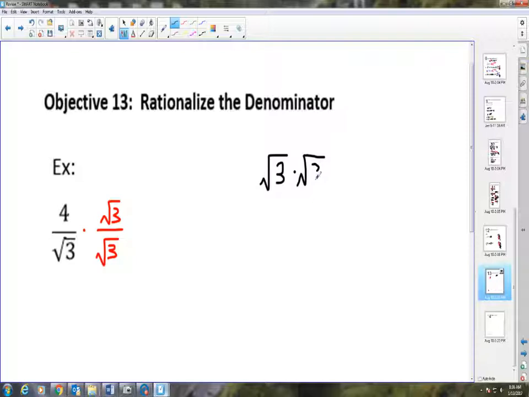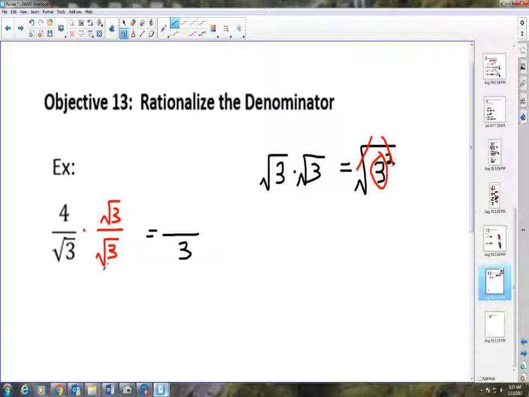Since the 2 radicals are the same roots, I'm allowed to put the 2 3s inside the same radical. So that will give me square root of 3 squared. Since square and square root cancel out, the only thing I have left for my bottom would just be a 3, because the square root got canceled out.